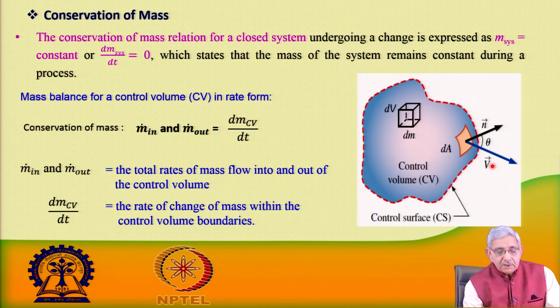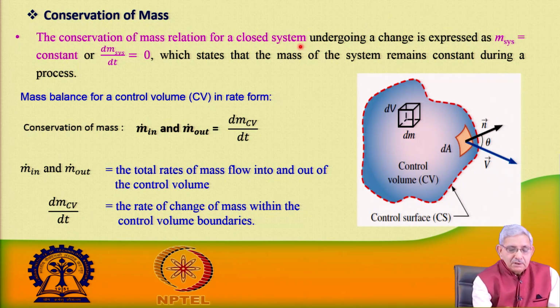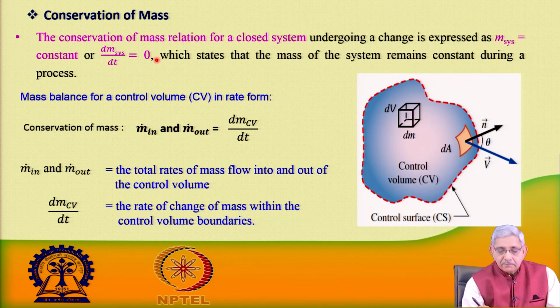Conservation of mass is related to a closed system undergoing a change, and that is expressed as the mass of the system being constant, or the rate of change of mass with respect to time is 0. So, we are considering a steady state case.